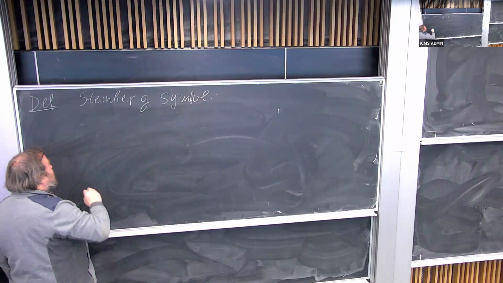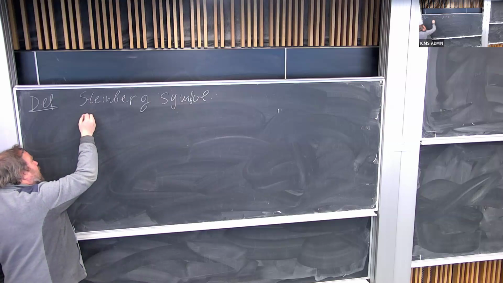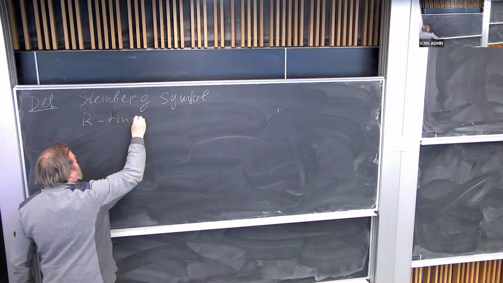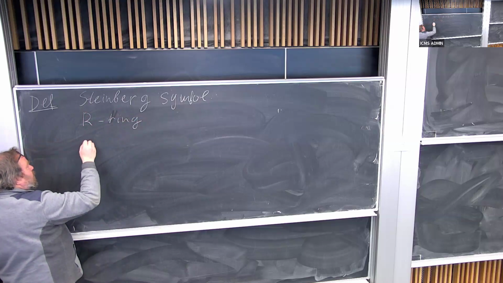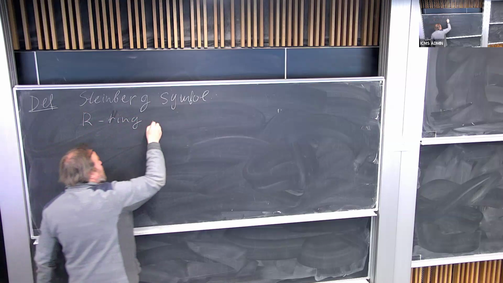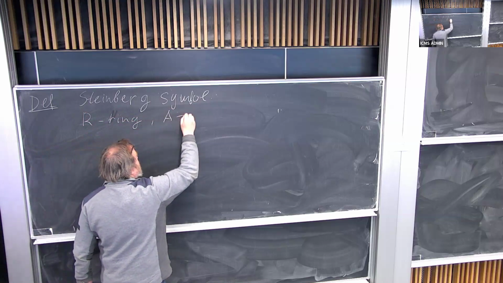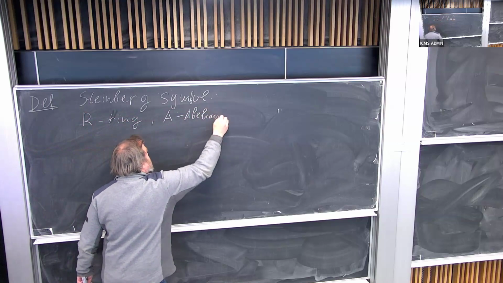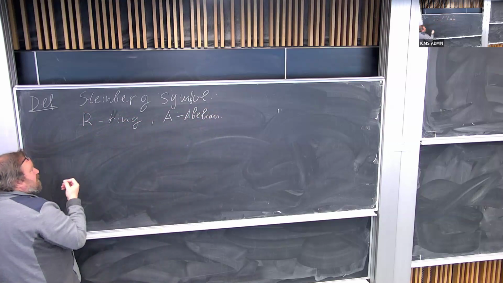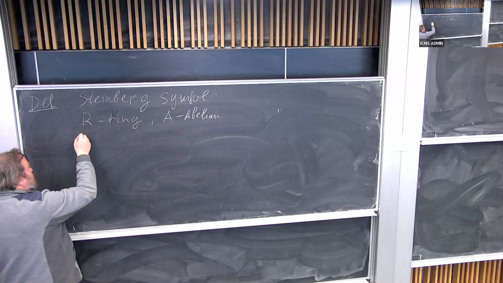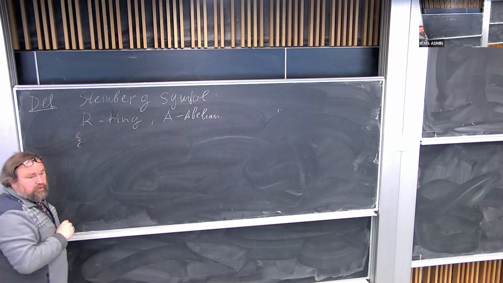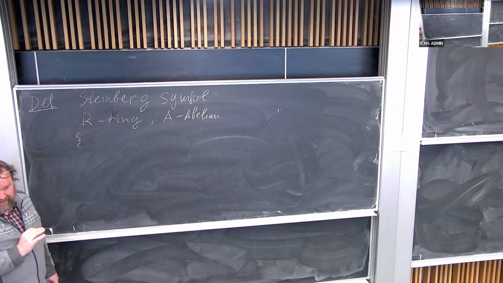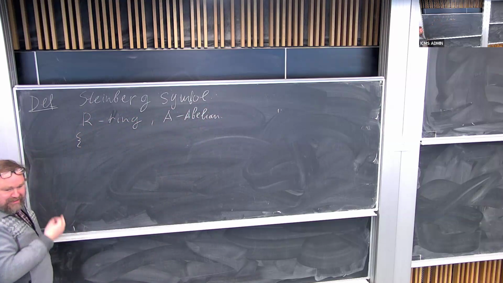What is that? You have a ring, R is a ring, and A is an abelian group. The symbol will be denoted by curly braces, but it has nothing to do with Poisson brackets. Unfortunately, it's the canonical notation.